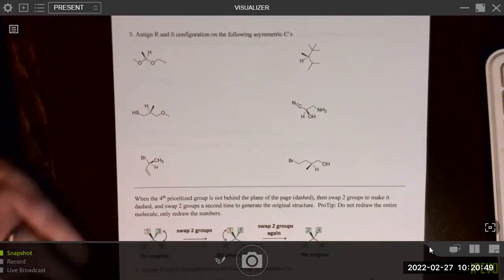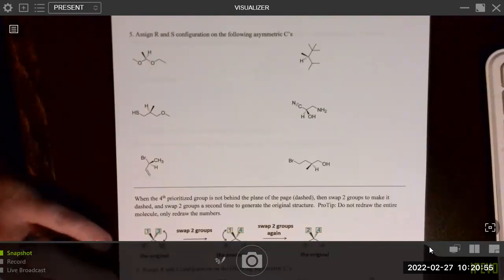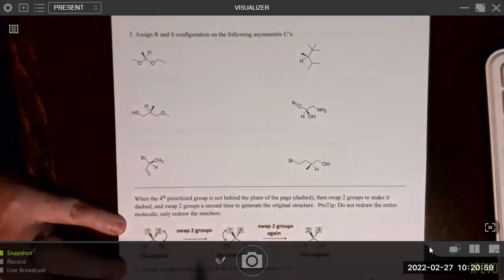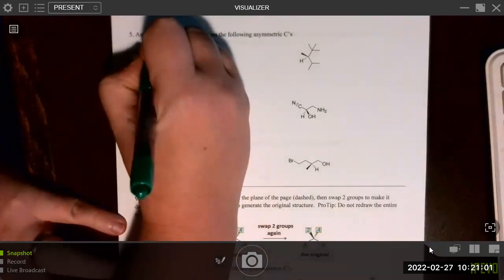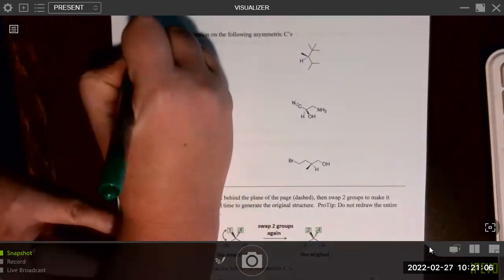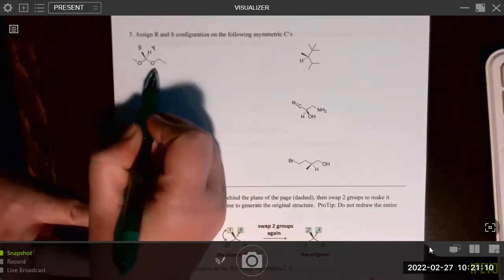Looking at the next one, assign R and S configurations to the following asymmetric carbons. So here we have oxygen, oxygen, carbon, hydrogen. Well, this is definitely going to be priority 4, and carbon will definitely be priority 3, but oxygen and oxygen are a tie. Then we look and see what they are attached to.